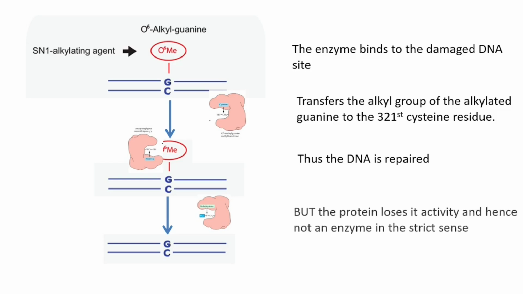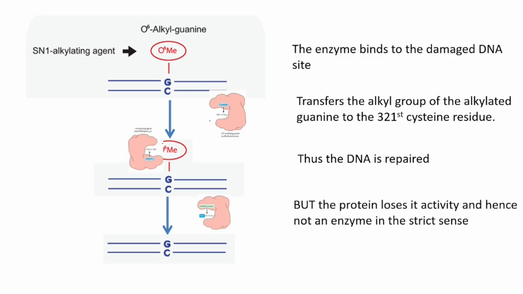But the protein loses its activity and hence this enzyme is not an enzyme in the correct or the strict sense. Unfortunately, once the alkyl group has been transferred, the protein is permanently inactivated because alkyl cysteine is very stable. Additional repair requires the synthesis of new protein molecules.